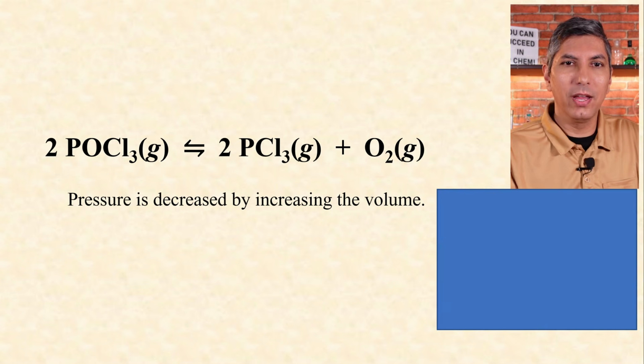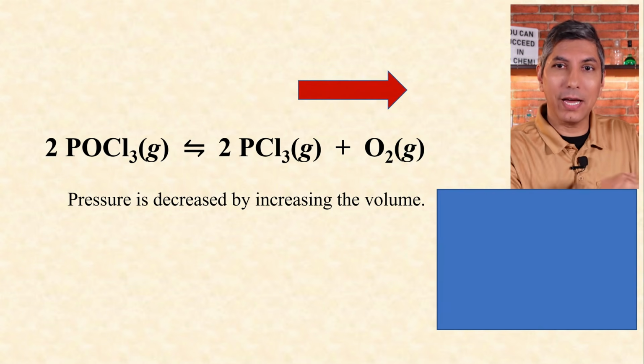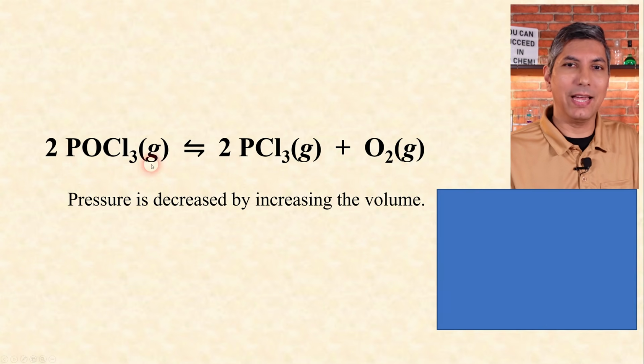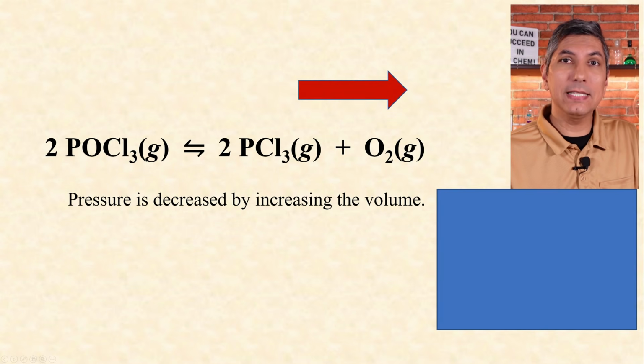In this reaction, that's the right side, the product side. It has 3 moles of gas compared to only 2 moles of gas on the reactant side. So when we increase the volume, we'll see an increase in PCl3 and oxygen and a decrease in POCl3.